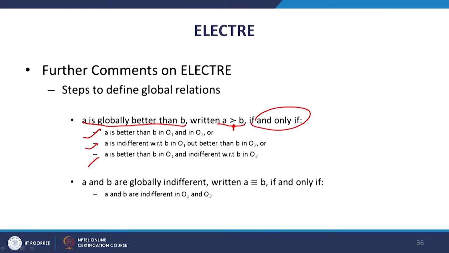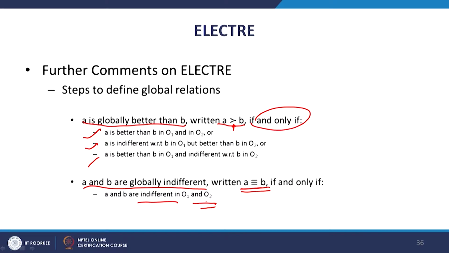Now, in some other scenarios the situation can be totally different. For example, A and B are globally indifferent. We arrive at this particular outcome when A and B are globally indifferent, written with an equivalence kind of operator: A is equivalent to B if and only if A and B are indifferent in O1 and O2.